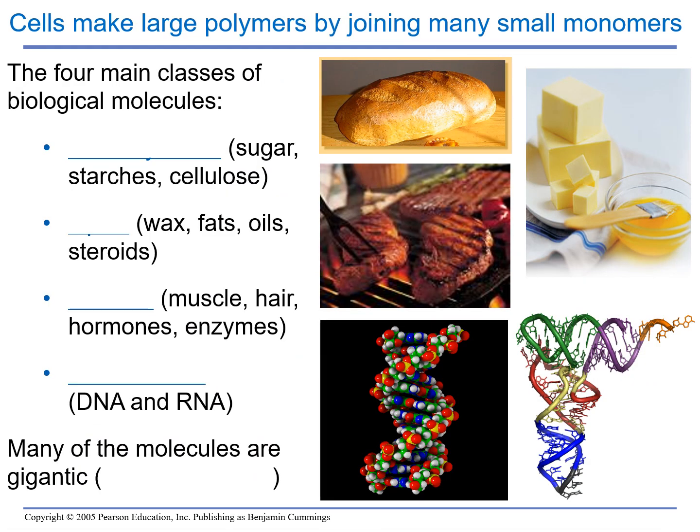So cells make large polymers by joining many small monomers. The four main classes of biological molecules, so these are what biological molecules are sorted into, are carbohydrates, which are sugars, starches, and cellulose; lipids, which are waxes, fats, oils, and steroids, also like hormones; proteins, which are muscles, hair, enzymes, so they're a category.